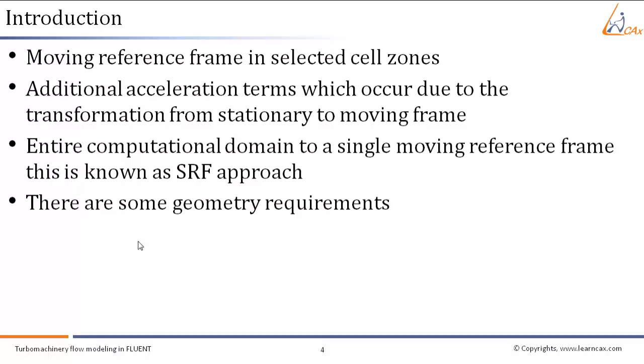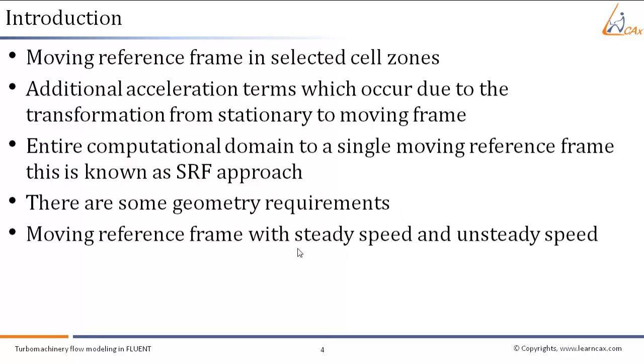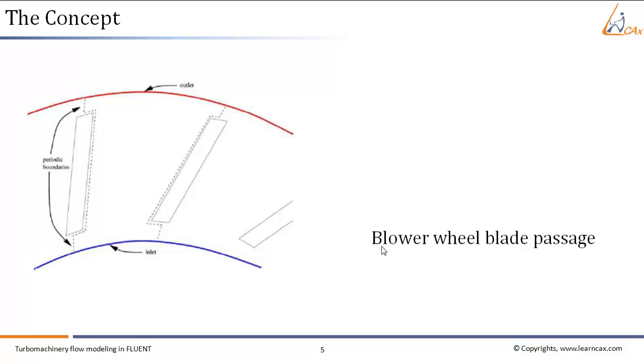There are some geometry requirements in order to satisfy this particular approach, and we will see them also in this particular session. Moving reference frame with steady speed as well as unsteady speed can be considered in case of SRF model. So as shown in this figure, the problem has a single component which is rotating.